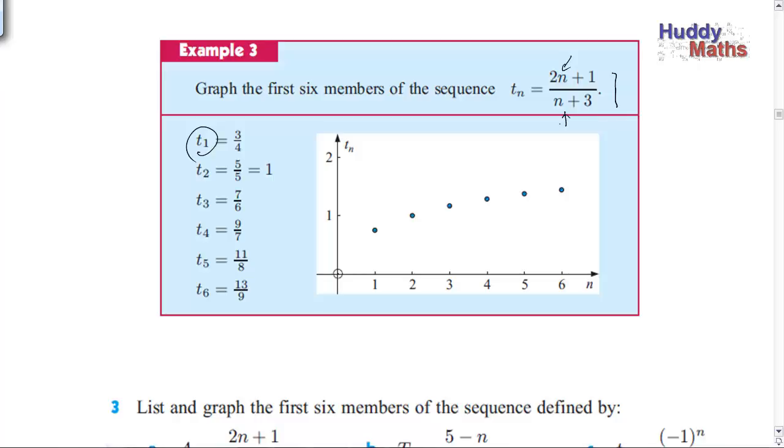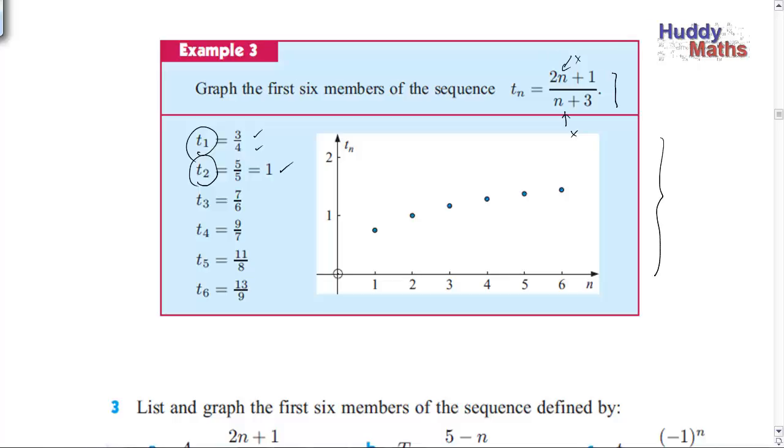You'd have 3 over 4 is what it would come to. T2, putting 2 in these positions now. So it's 5 over 5 or 1. Okay, you get the idea, and then we're going to draw the graph as a nice mathematical description or model of what's going on with its sequence of numbers.